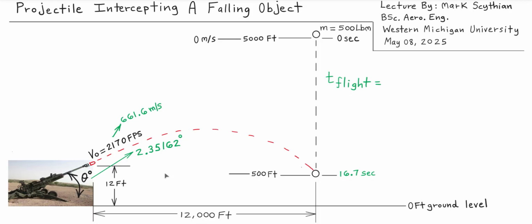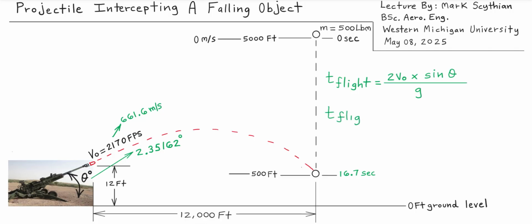So therefore, next we have to figure out what the flight time is of this trajectory from the launch of the barrel to the target point, the object intercept. So we can use this formula here, 2 times the initial velocity times sine theta, or the sine of the launch angle, 2.35162 degrees, divided into gravitational acceleration on Earth.